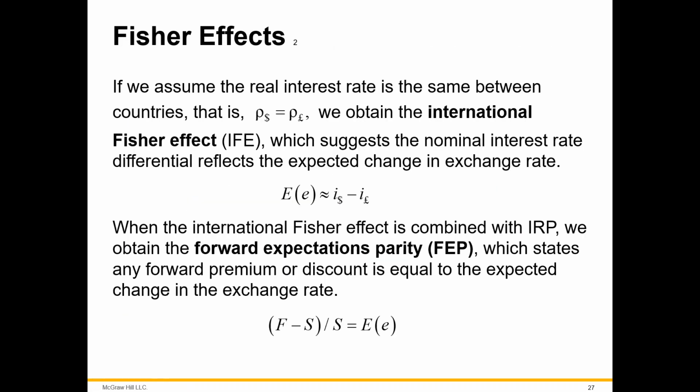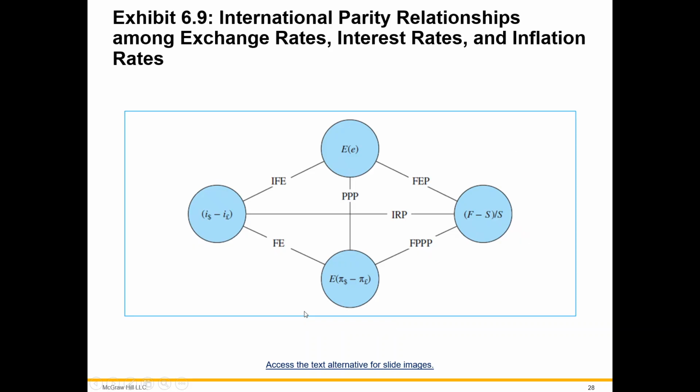Getting this forward allows us to transact now on a future transaction, which means this expected drift in the exchange rate connects to this change in the forward rate and also the expected future spot rate, but we're not talking about that right now.